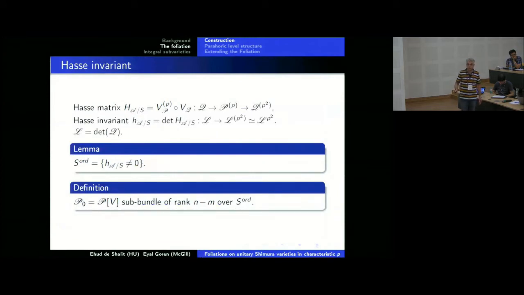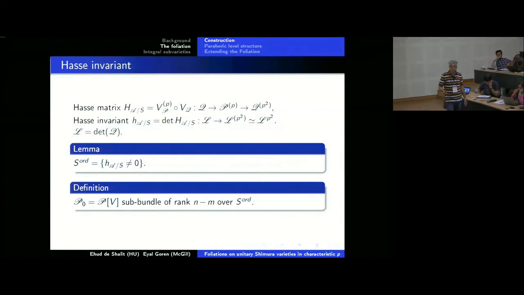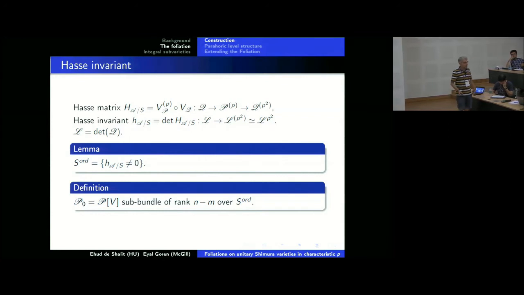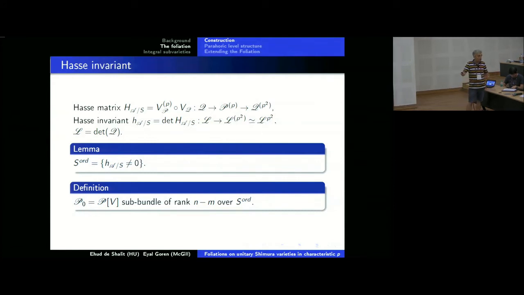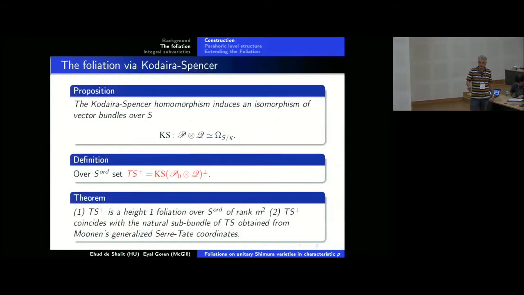You could do the other way around, but then you would necessarily get something that's always singular because you would go from n-dimensional to m-dimensional and back to n-dimensional. That's no good. The Hasse invariant has to be defined this way. You're right. But in terms of just this, there's no loss of generality in assuming that n is greater than or equal to m. But once you chose it, you're right.